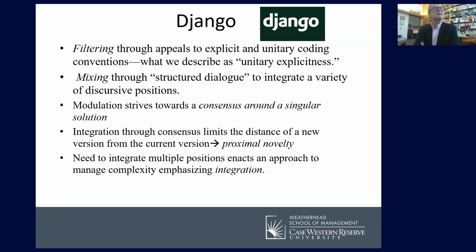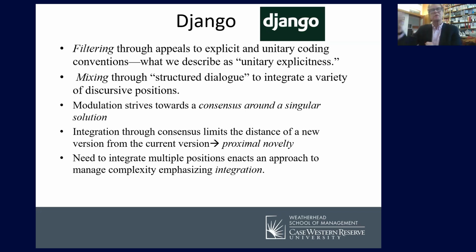Given that there are a lot of members in the community, especially in the core, who have invested their careers and their knowledge into this community, it's very likely that they like the stuff which they already have. It's very similar to academics. So integration typically happens through consensus, and because it happens through consensus, it limits the distance of a new version from the current version. So they typically evolve the software through proximal novelty.